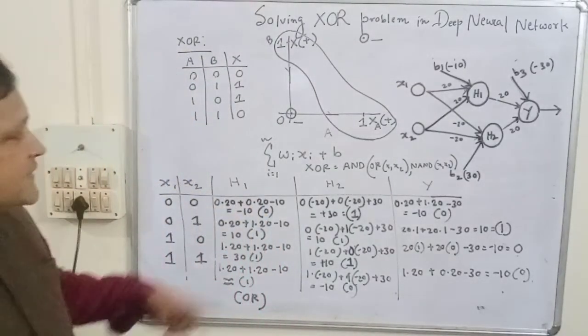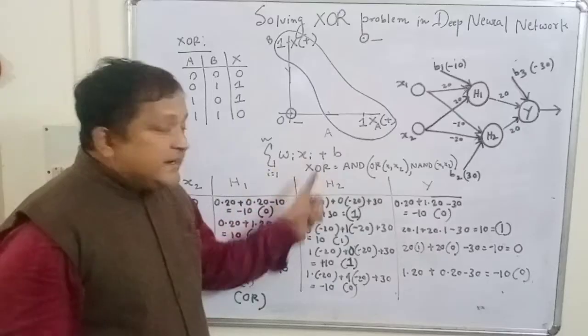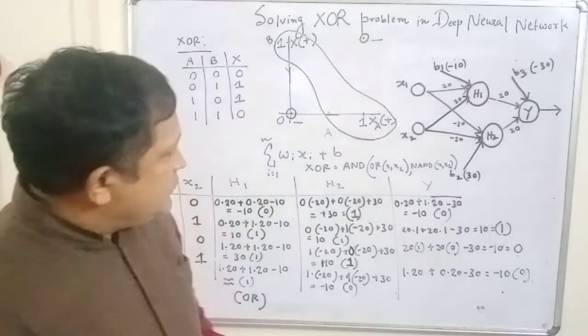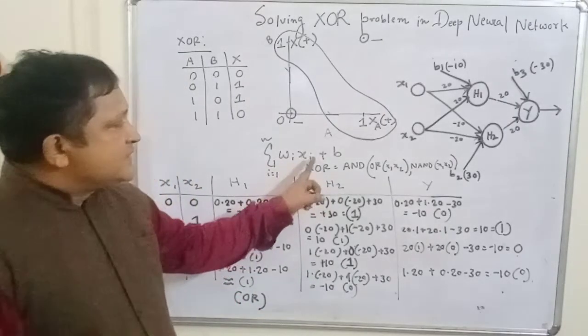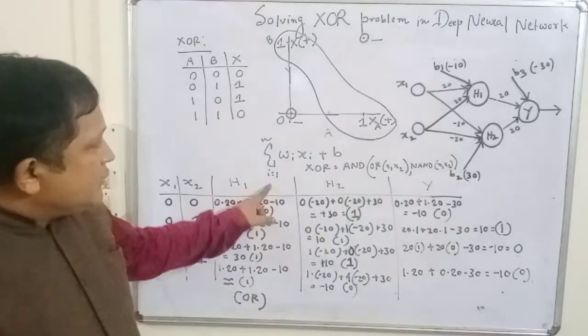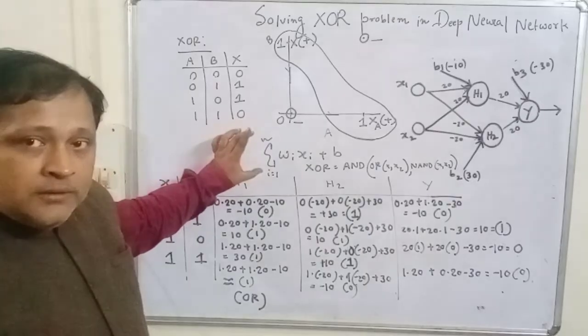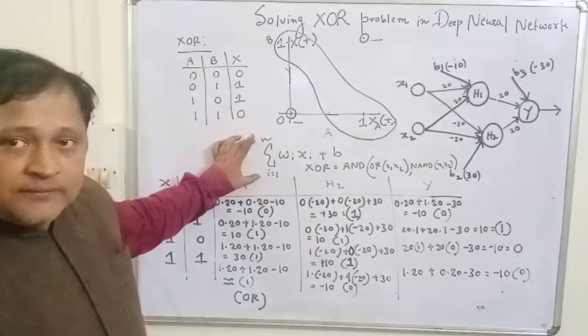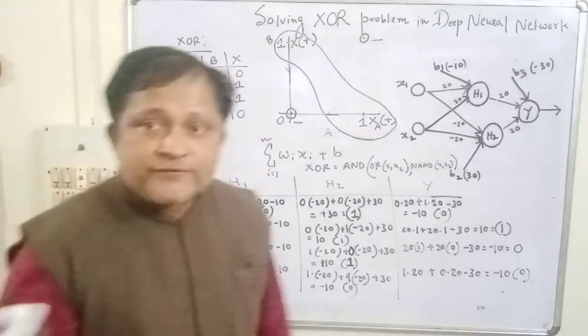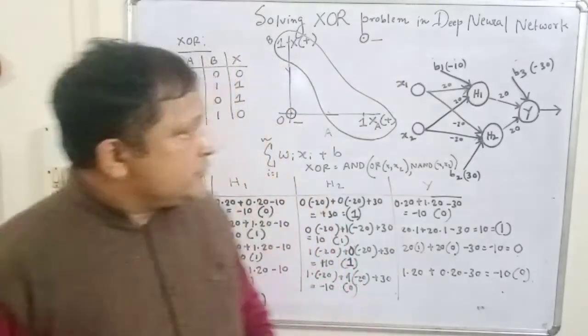Now for a universal sigmoid function of a neural network, each node's input is the summation of wi xi plus b, for i equal to 1 to n, where n is the number of inputs for a certain node.